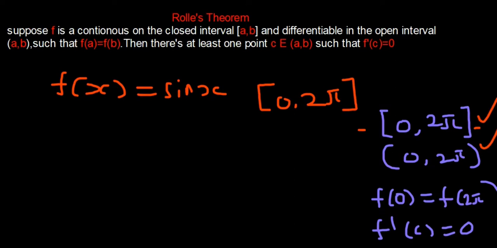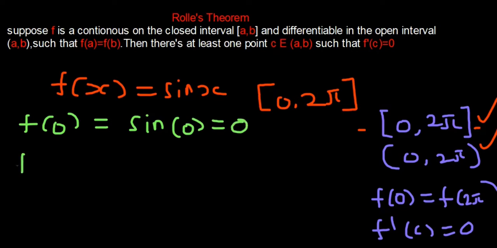So now let's test for the third condition, saying that f of 0 should be equal to f of 2 pi. So I'll first test for f of 0. f of 0 will be equal to sine of 0, and this should give me 0.